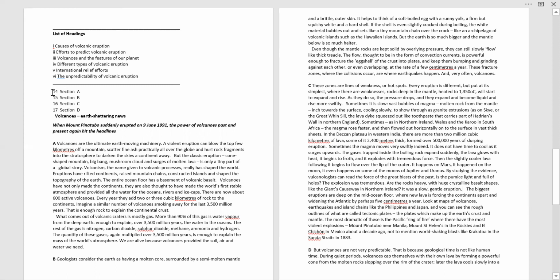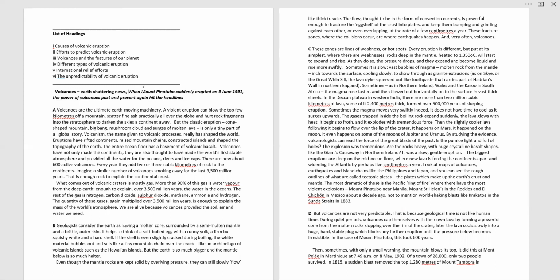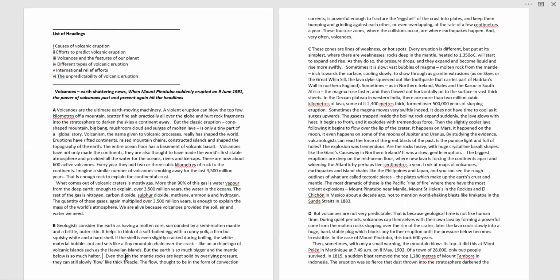We know that we're looking for headings for sections A, B, C, and D, right? Yes, ma'am. So we'll be removing this as well. Okay, here we go. Better. Still, you can go up to C only, because it's lengthy. All right, let's do it.